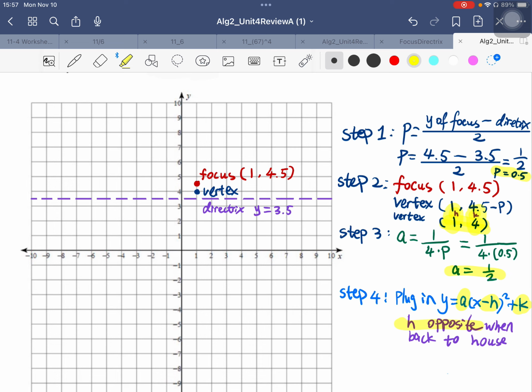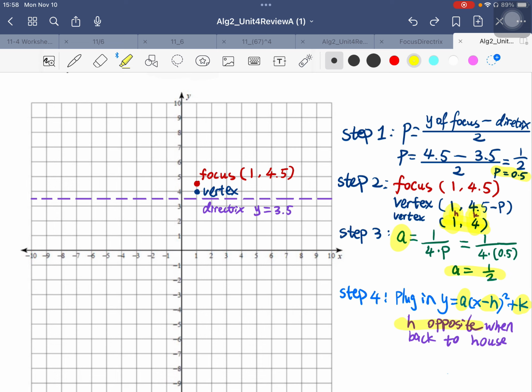Step 3, we're looking for the a. The a in the vertex form is the number in front of the parentheses. The formula I'm using from the notes is 1 over 4 times p. 4 and p are both in the denominator.